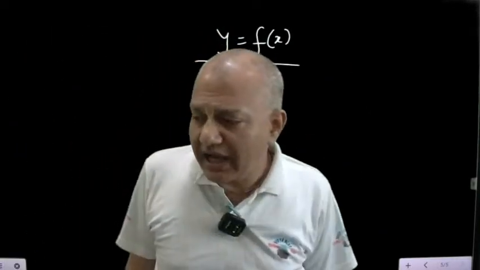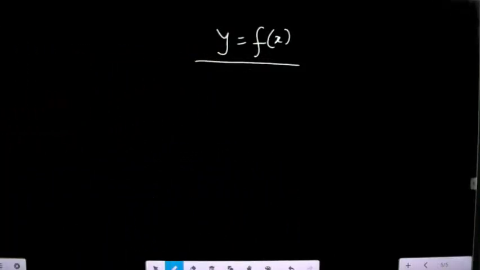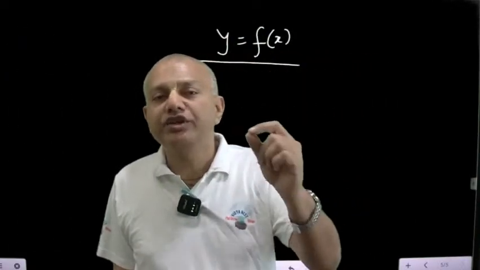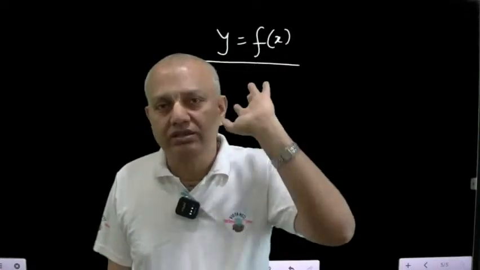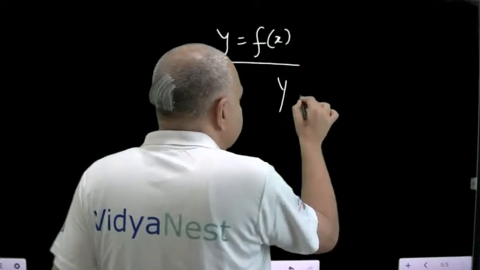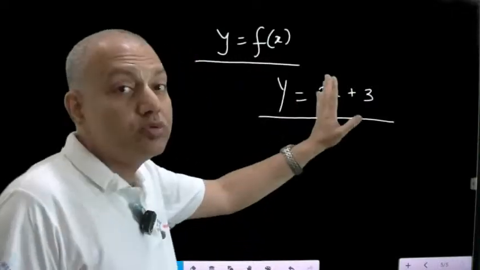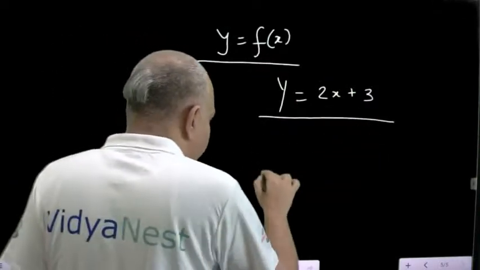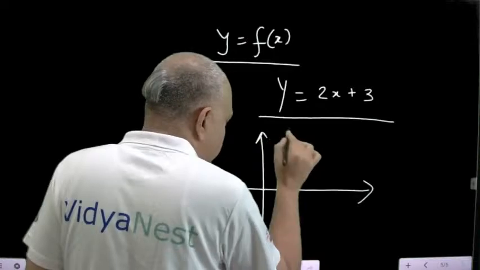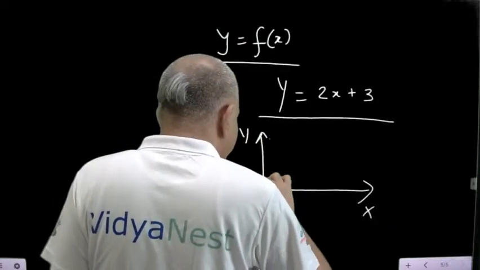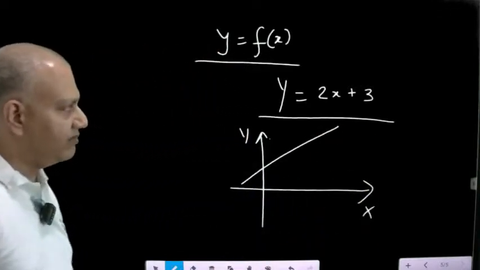Now if I want to find the rate of change of y with respect to x, suppose the relation between y and x is 2x plus 3. This is x, this is y. I can plot a graph like this way.